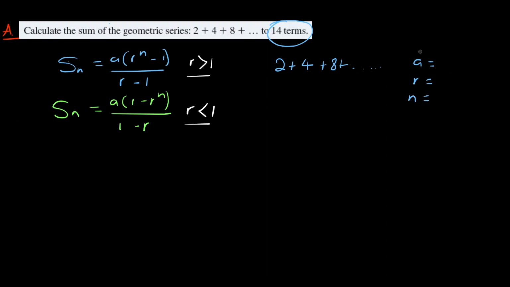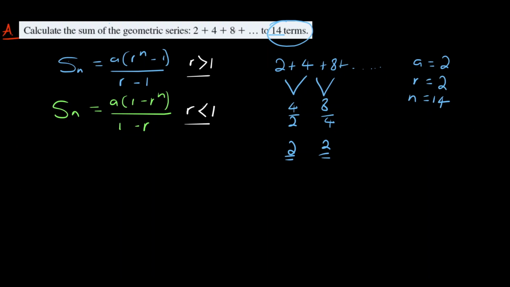From the series we can see that a is equal to 2, so we can determine our r by saying 4 divided by 2, which gives us 2, and 8 divided by 4, which is 2. So our r value is equal to 2, and our n value, we're told 14 terms, so it's 14.